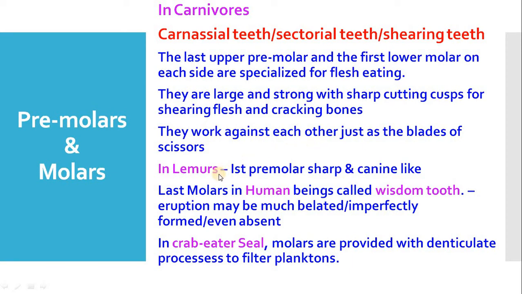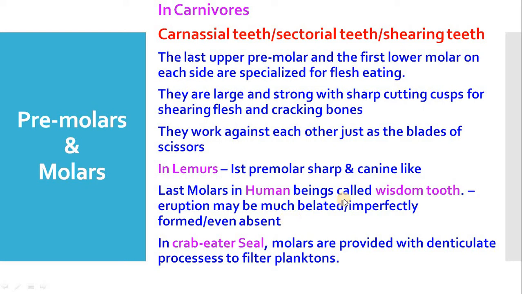In mammals called lemurs, first premolar is sharp and canine-like. And in the case of human beings, the last molars are called wisdom teeth. The eruption may be much belated or imperfectly formed or even absent.